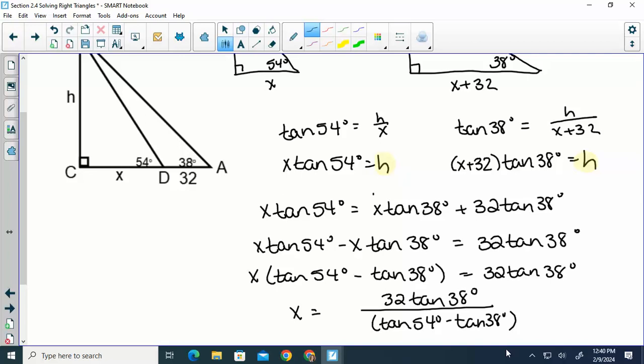Okay, so if we type this in, make sure you're in degree mode. So I have 32 tangent of 38 degrees. When you push the tangent button, it opens a parenthesis, so you have to close it. And then you'll need a parenthesis around the entire denominator as well as each of these angles.